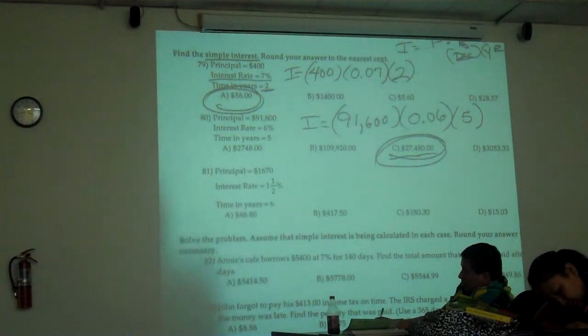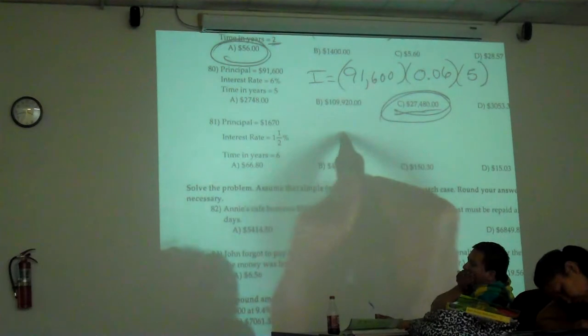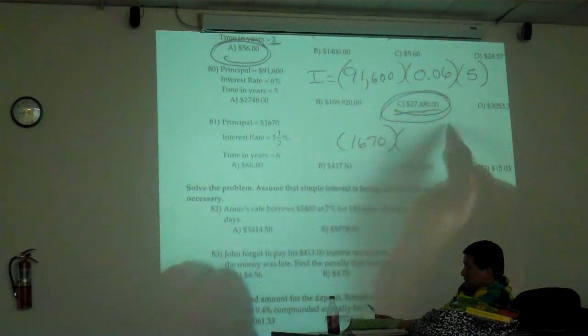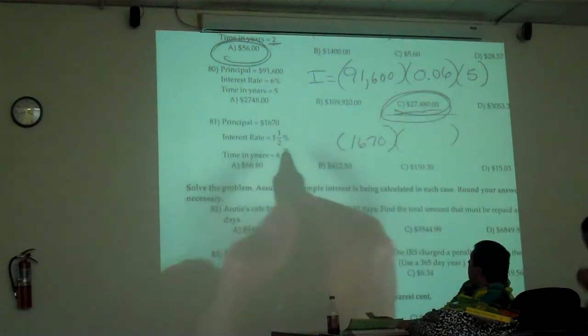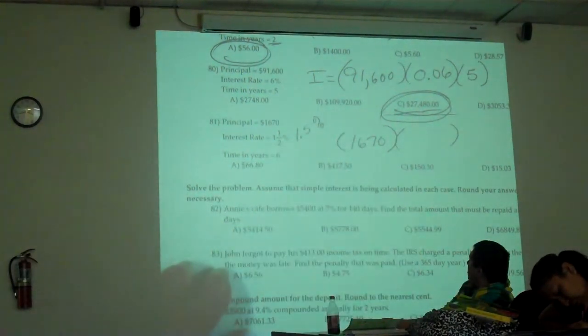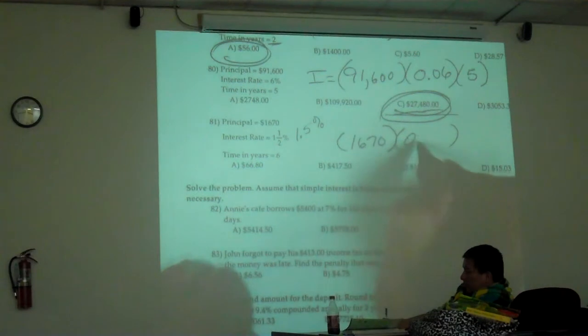Okay, this one isn't as simple. We have a fraction here, but we got the principal, 1670. Interest rate is 1.5%. Turn that to a decimal.